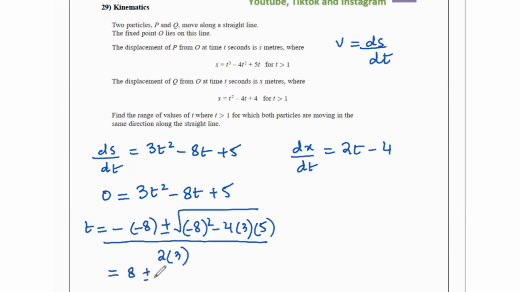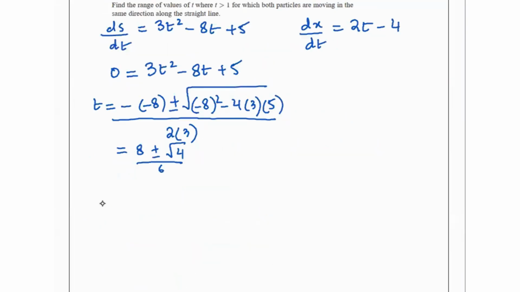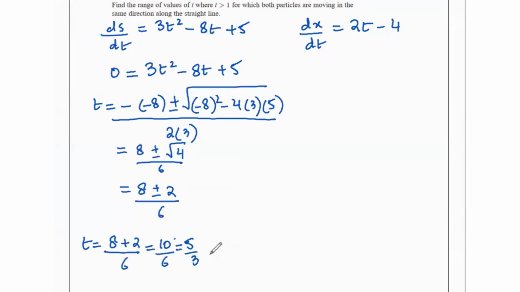That's 8 plus minus, 8 squared is 64, 4 times 3 times 5 is 60. So 64 minus 60 is 4, over 6. That's going to be 8 plus minus 2 over 6. So one value of t is 8 plus 2 over 6, which is 10 over 6, which gives us 5 over 3. And the other is 8 minus 2 over 6, which is 6 over 6, and that is 1.